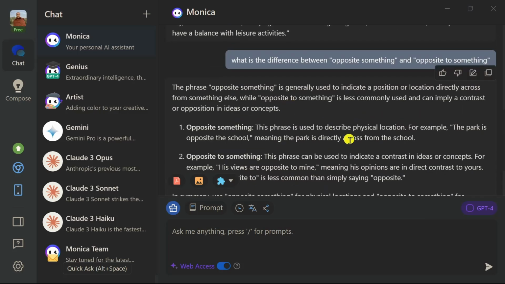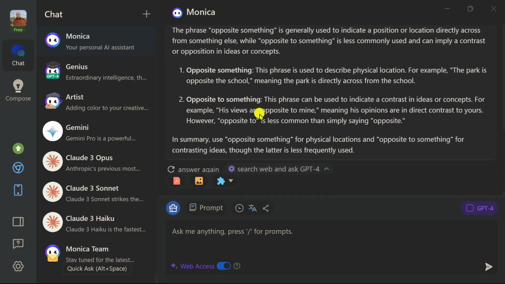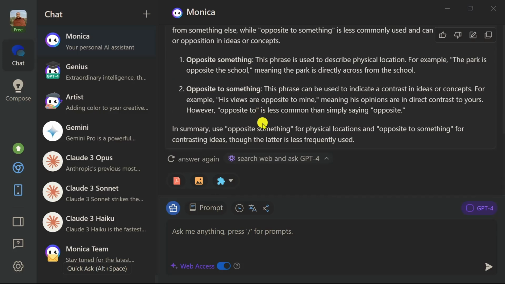Opposite something is generally used to indicate a position, a location directly across, okay? While opposite to something is less commonly used, and can imply a contrast or opposition in ideas or concepts. His views are opposite to mine. You see? So opposite something is location.